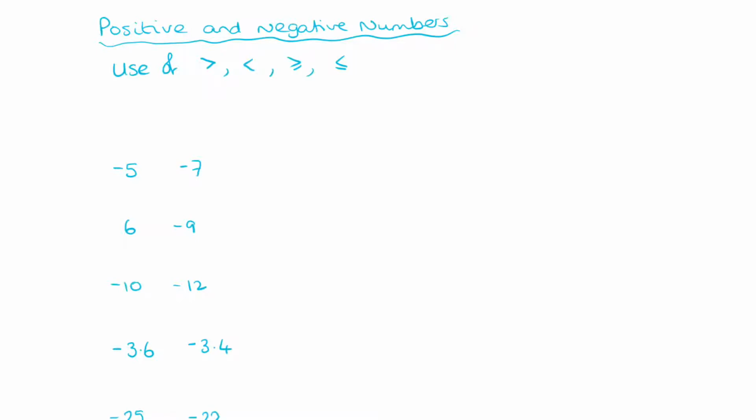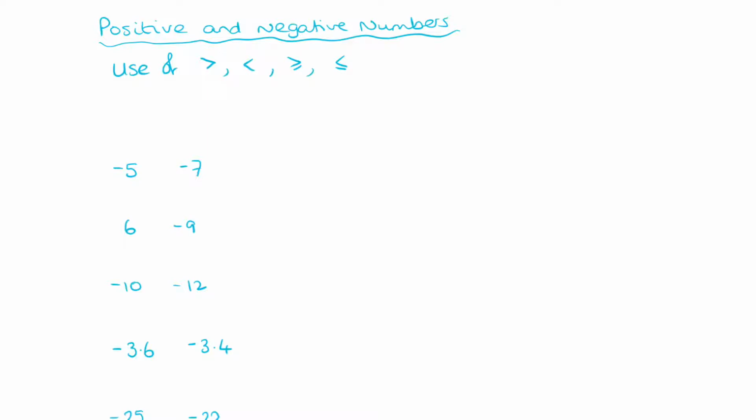So for example, 1.5 is not an integer, or negative 3.7 is not an integer, but we need to be able to deal with negative decimals. Okay, so I've said integers, but really it's positive and negative numbers that we're looking at.